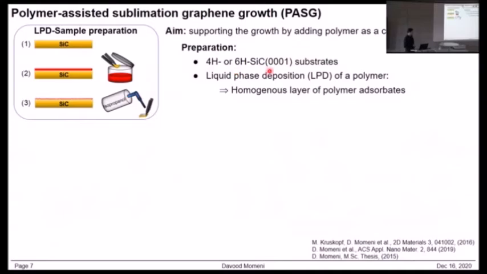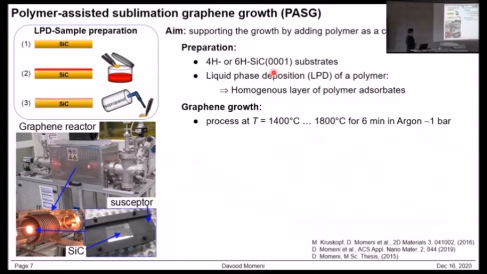This leads to nano-sized polymer residues everywhere on the sample. The process looks very simple, but it's very efficient. As I said, it leads to nano-sized polymer everywhere on the samples, which acts as a carbon source and supports the process later.